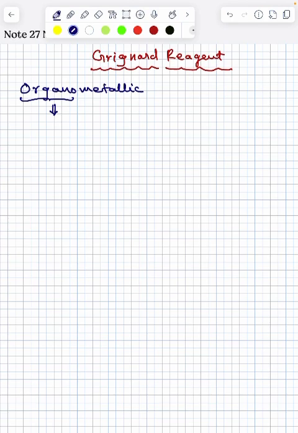So this word organo represents the alkyl group, which means a hydrocarbon derivative, and metallic is nothing but the highly electropositive nature of any metal.